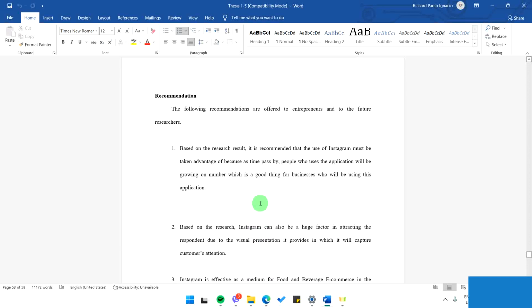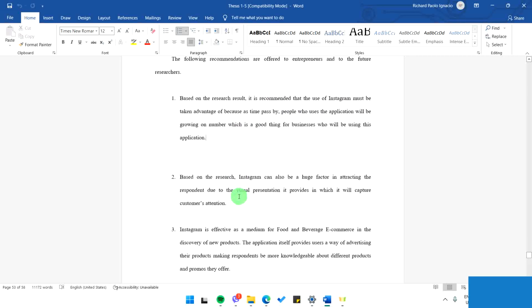This recommendation, kung mababasa ninyo yung recommendations, for example, it is recommended that the use of Instagram must be taken advantage of because as time passes by, people who use the application will be growing in number, which is a good thing. So this is in regards to the platform itself.